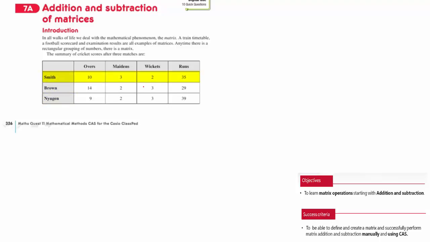So Smith had 10 overs, and he had 3 maidens, 2 wickets, and 35 runs, while Brown had 14 overs, 2 maidens, 3 wickets, and 29 runs, and Wynne had 9 overs, 2 maidens, 3 wickets, and 39 runs. So this is a summary matrix, and this one already shows the aggregated result.